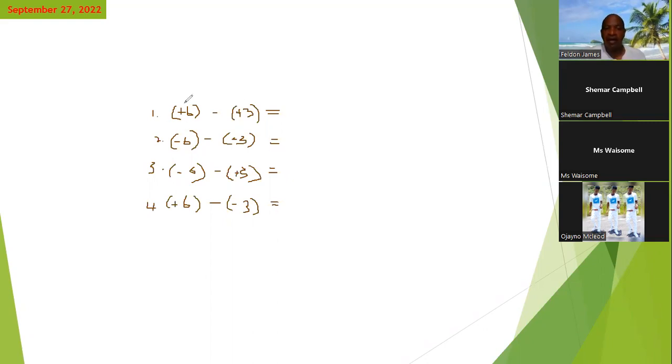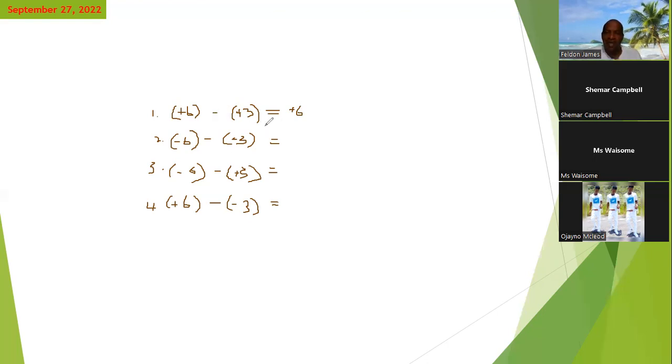The number remains the same. So when you have brackets without any sign in front of it, you have to take it that there's an invisible 1 out there. When you multiply what is inside by the +1, the bracket is removed and this remains the same. So this becomes +6. And then this second bracket, there's a negative sign in front of the bracket.